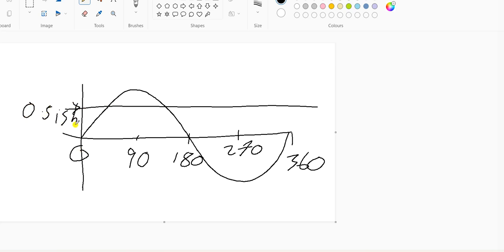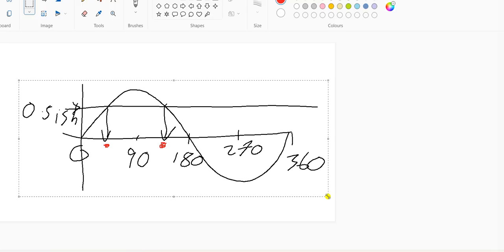And I don't really care about that value. What I care about is the symmetries of the graph and how they're going to help me to find an additional solution. One of these solutions I've already got. I know that there is a value here. I found it. It was 30 something degrees. So what I need is to link it to the value over here. So that's what I'm going to do. And I'm going to use the fact here on my graph that the angle is going to be just as far in from 180 as my original angle was in from 0.